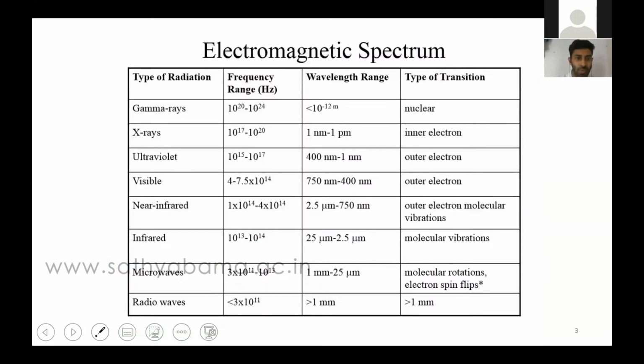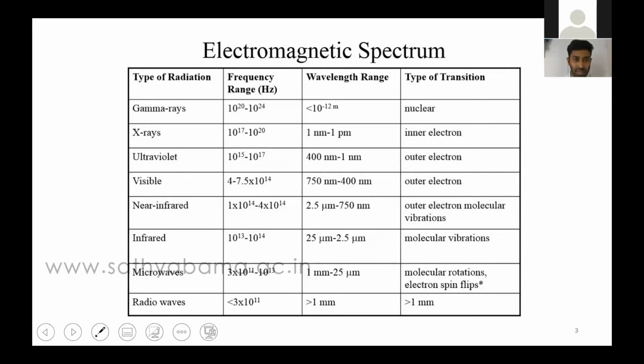If you look at the table, the first ones are gamma rays and X-rays. They are high intensity radiation, followed by infrared, microwaves, radio waves and so on. The type of transition that happens with high intensity radiation varies from that of low intensity radiation.